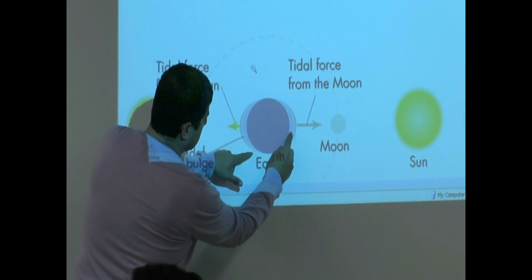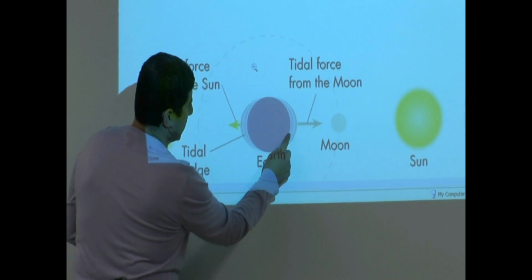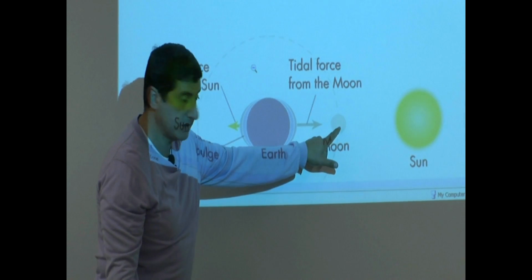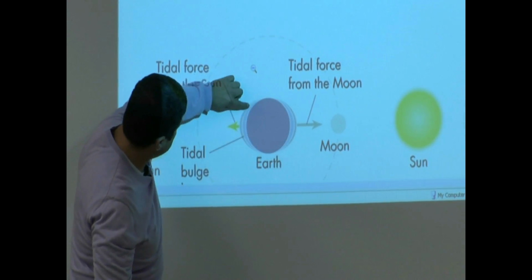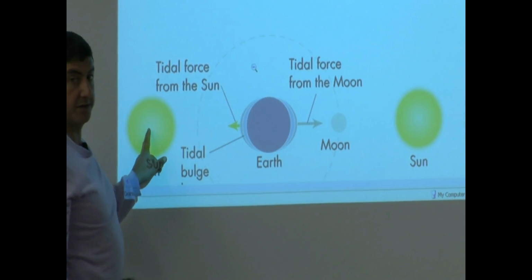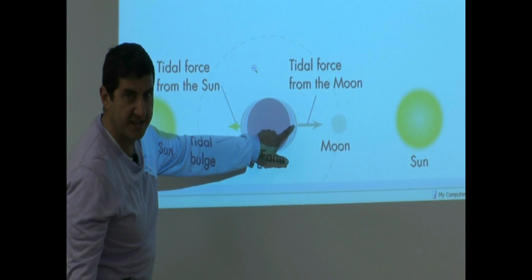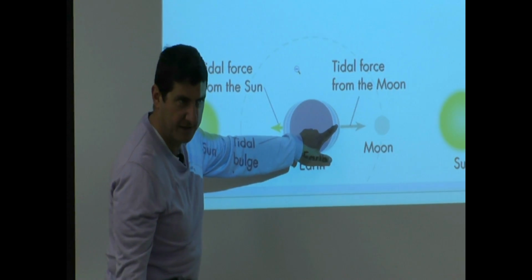You see the blue line here, the blue thick line? That's the high tide created by the moon, you see? The gray one here is the high tide created by the sun. Notice that the moon is about twice as thick. Remember, it creates twice the tidal bulge as the sun does.